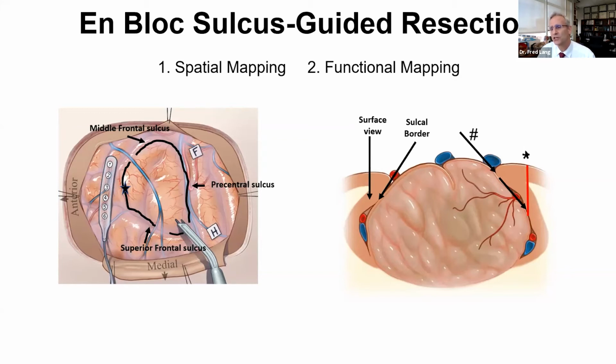So here's an example where you would stimulate here, and that causes movement of the hand, and you might think that, oh, that's overlying the tumor. But in fact, it's not. The tumor is simply bulging and pushing this sulcus. So if you do a sulcal dissection, you can actually resect this tumor, not violate the sulcus, and preserve the gyrus with the function in it. So the sulcus-guided resection improves your ability to maximize resection without causing injury to functional areas.